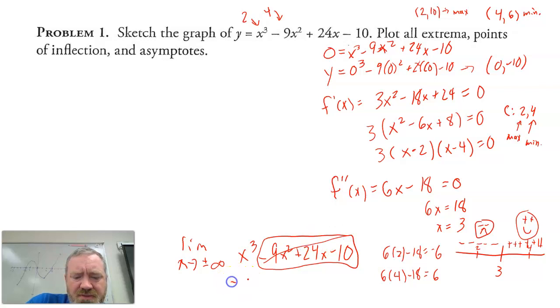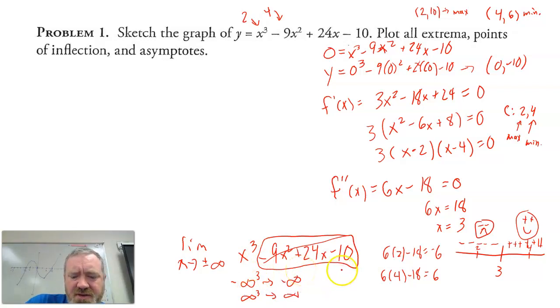When I put a negative infinity into x cubed, it stays negative, and so it just results in negative infinity. And if I put positive infinity in there, cubed, it just results in positive infinity.